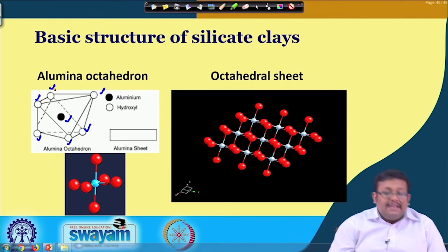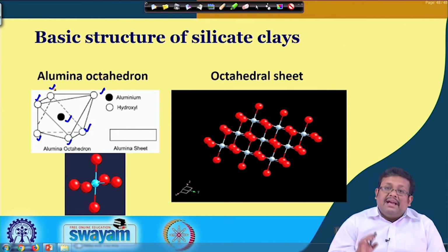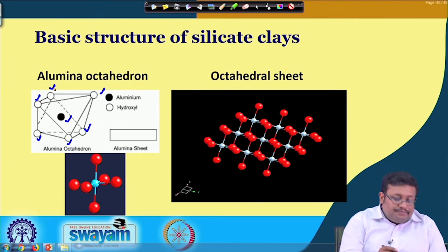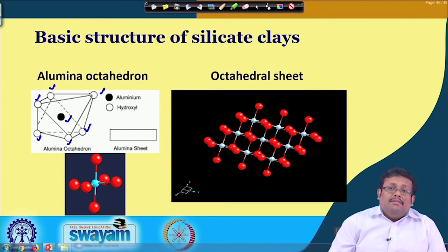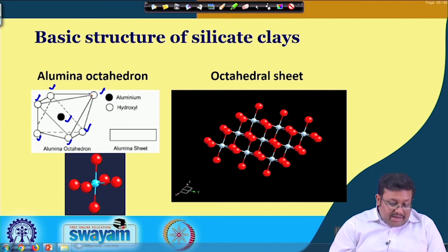The central cation is either aluminum or sometimes magnesium; we will discuss in which condition magnesium occupies the central position. That is why we call it either alumina octahedral or magnesium octahedral.